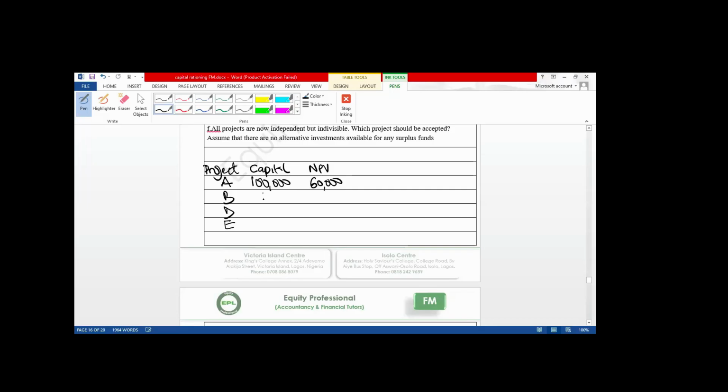Capital 50,000, NPV 40,000. Capital 100,000, NPV 110,000. Capital 200,000, NPV 40,000.